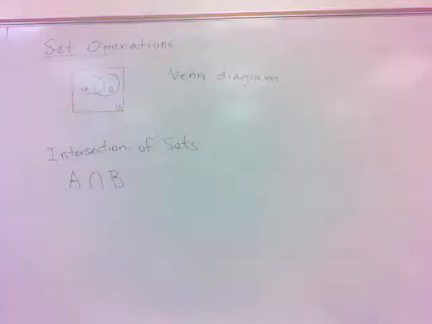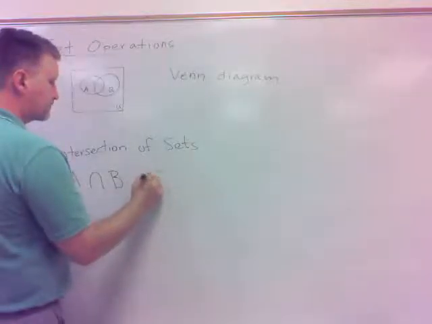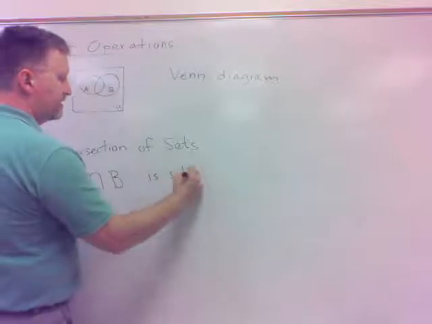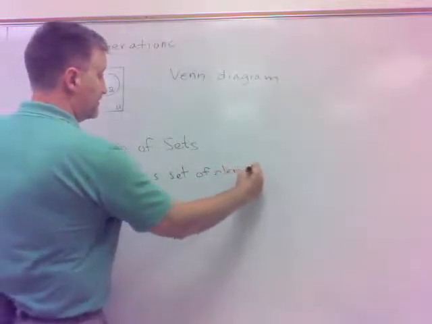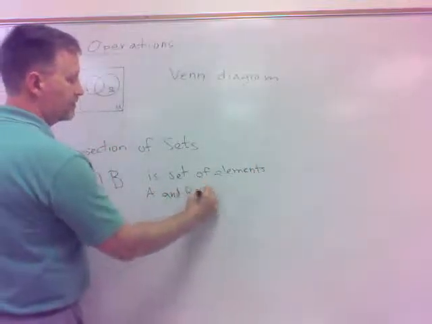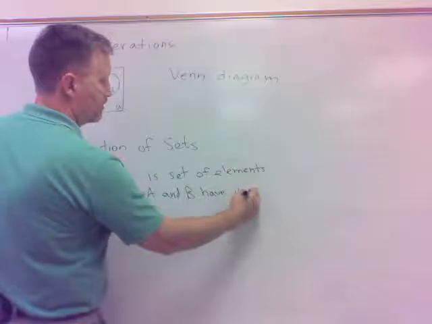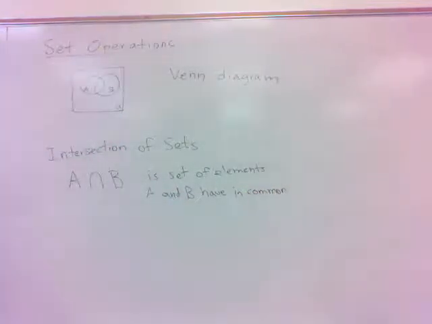A intersect B, A intersection B, is the set of elements A and B have in common. Pretty easy thing.